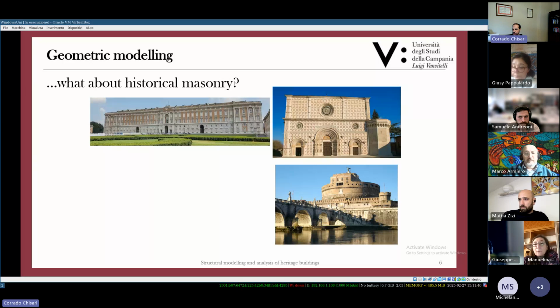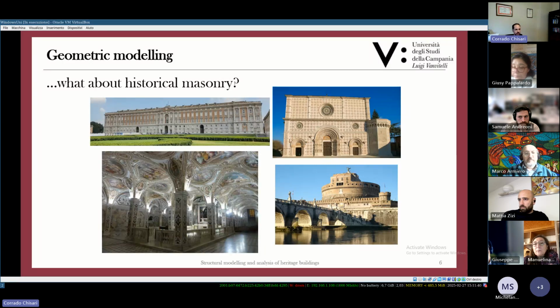Maybe a bridge, or a part of a bridge but very complex, like vaults, columns, arches. Any of these elements are very different from each other and need a proper representation, which cannot be something very schematic like the division in beams and columns that we have seen for reinforced concrete.